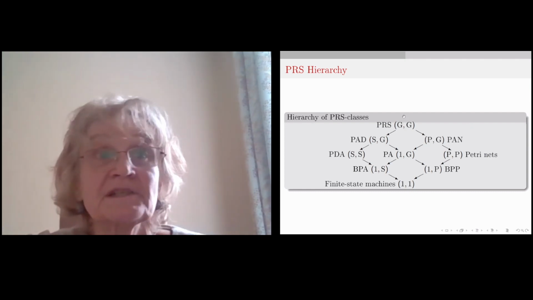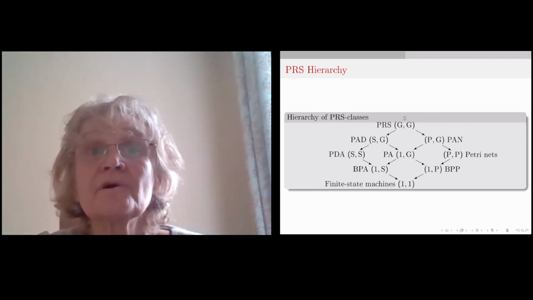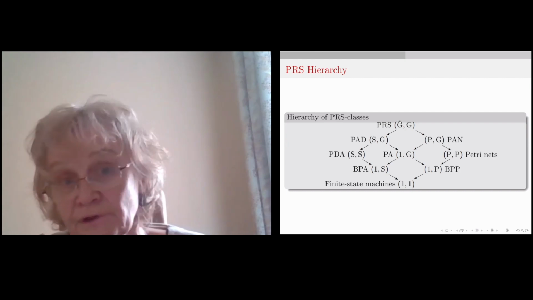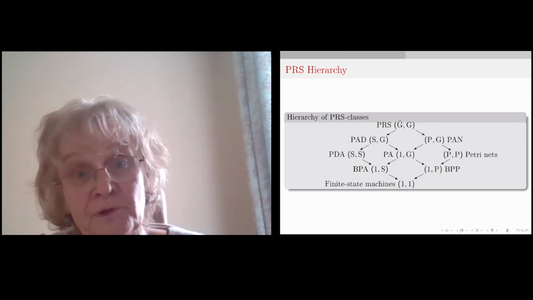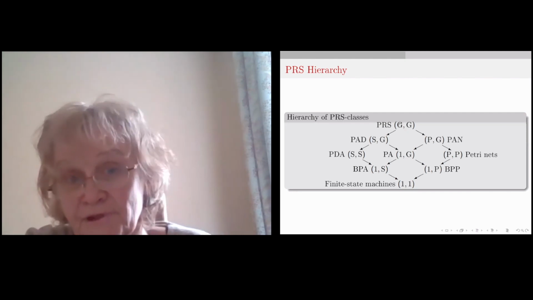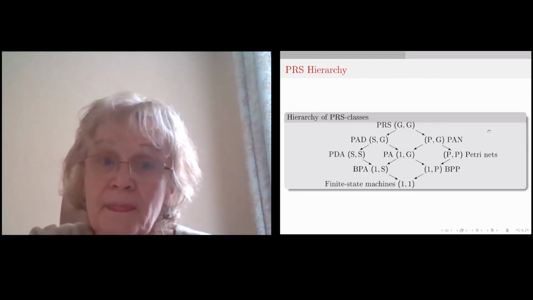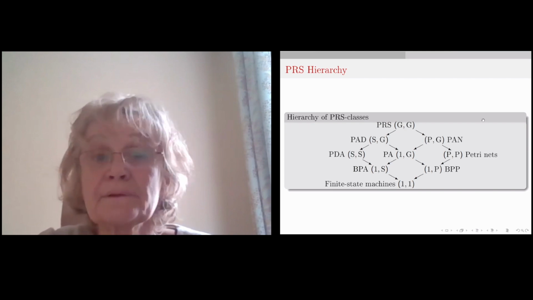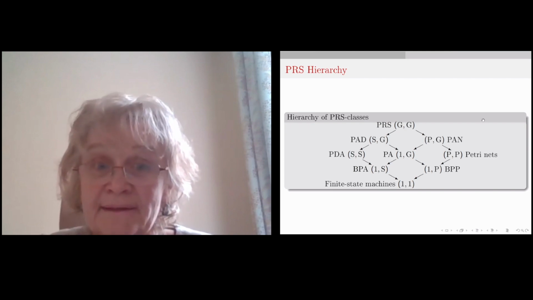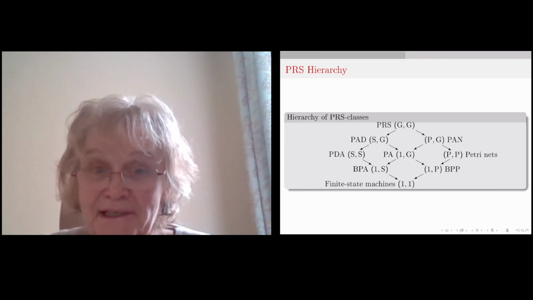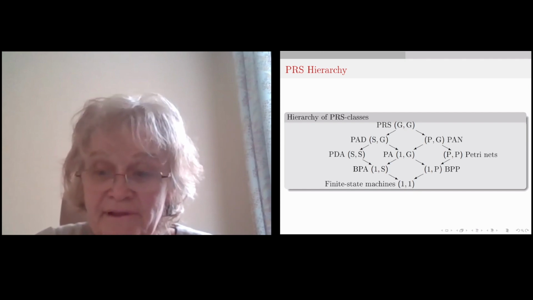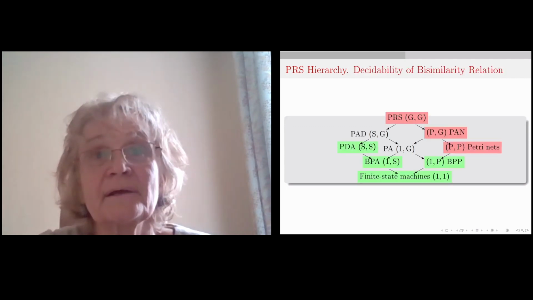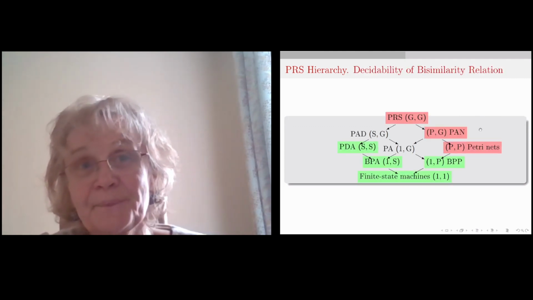So we have such a hierarchy, and for all these classes, they are less than Turing power, and for instance, reachability is decidable for them. But we are looking at bisimulation equivalence. If we look at this hierarchy, we have such a picture.